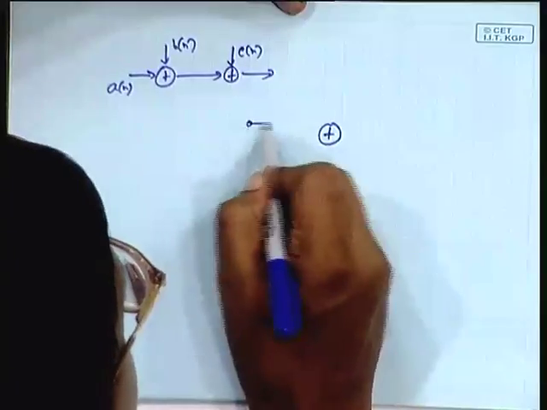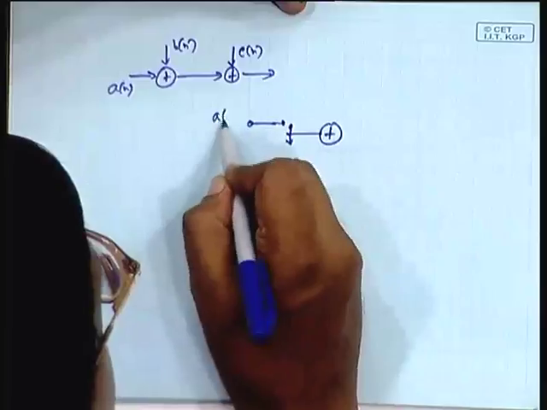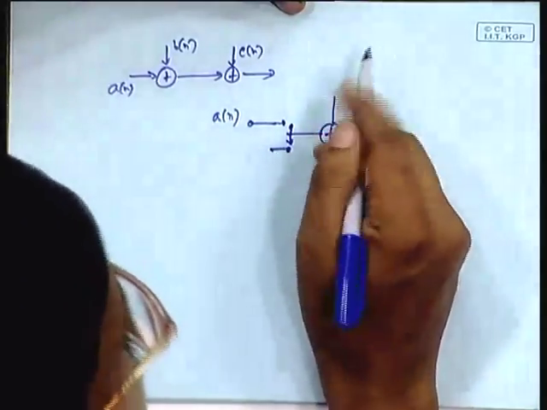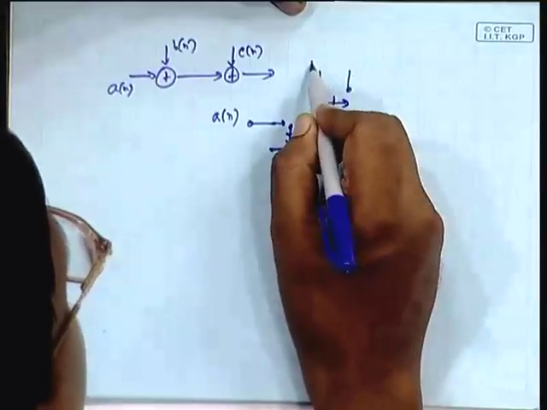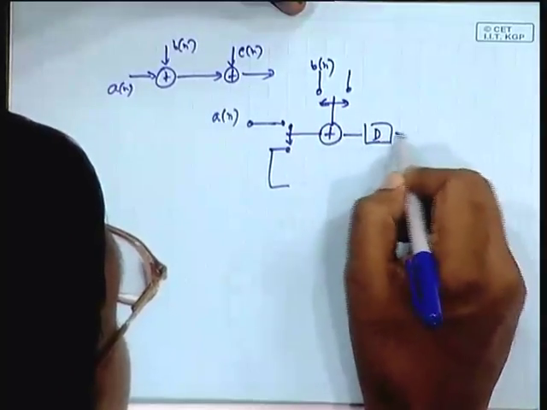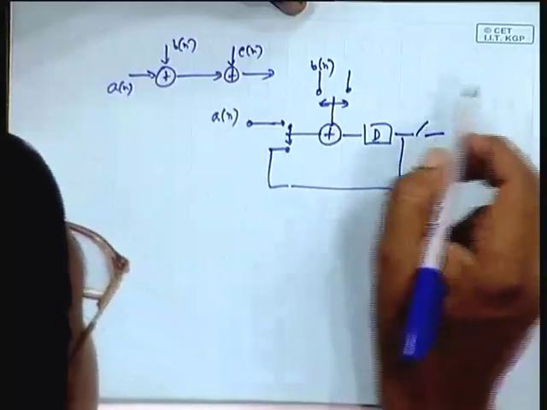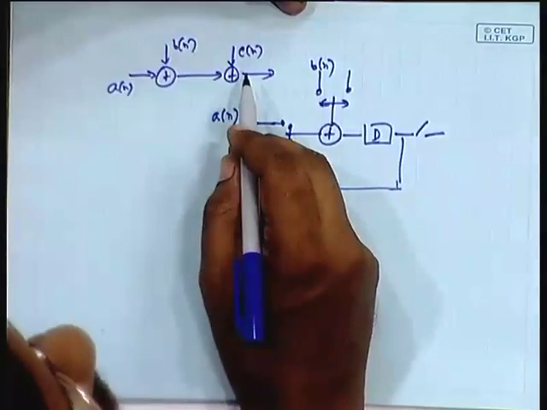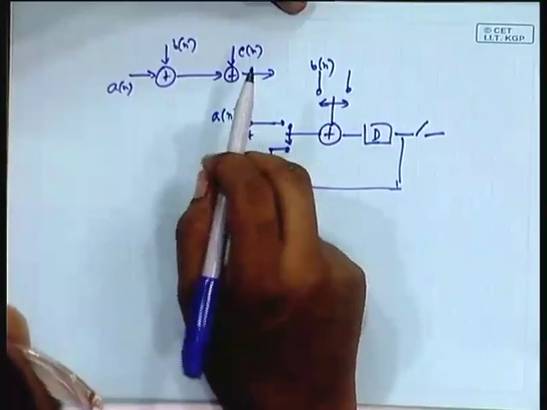Maybe I use only one adder, and I use switches. Here I give A n, and this switch comes to here at 2L, since the folding factor is 2, and therefore the system clock is 2 times faster than the input clock.